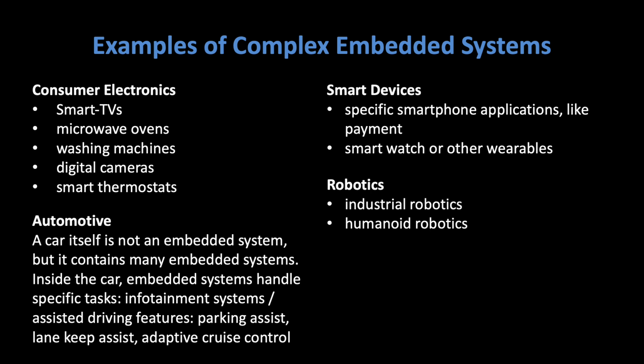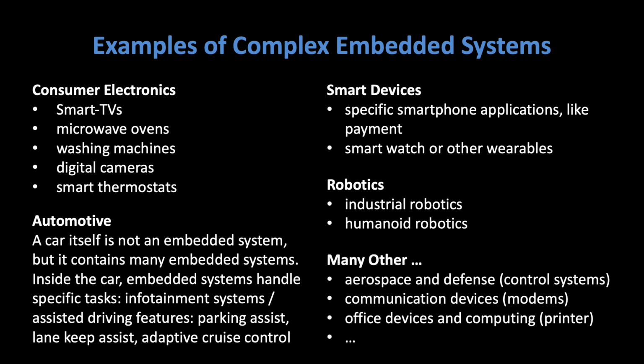Then you have robotics, where you have the classical industrial systems, but also the growing humanoid robotics. And then there are many other systems that need very sophisticated testing strategies like aerospace or communication devices. So a lot of systems that lead to technological and human progress need to be tested in a very sophisticated way.